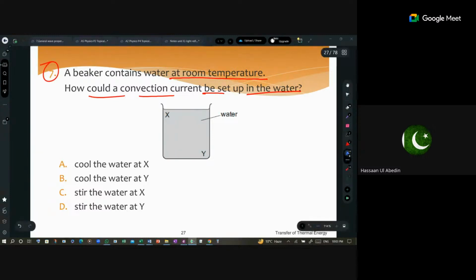It would come down, and the warm water, which is less dense, is already on top. Yes, but it would create space over here. When water is moving down, space is created here, and the warmer water from below will move up. So a current will form.